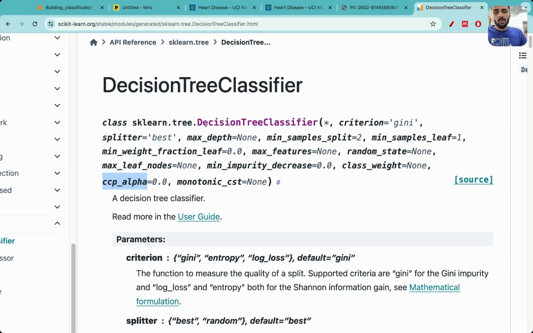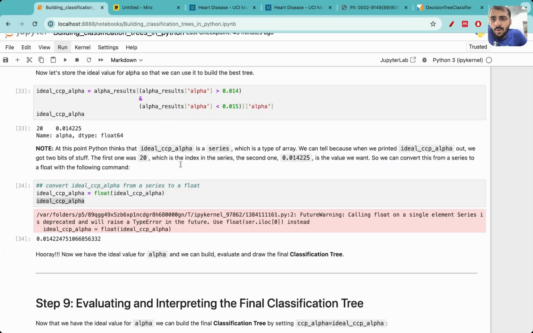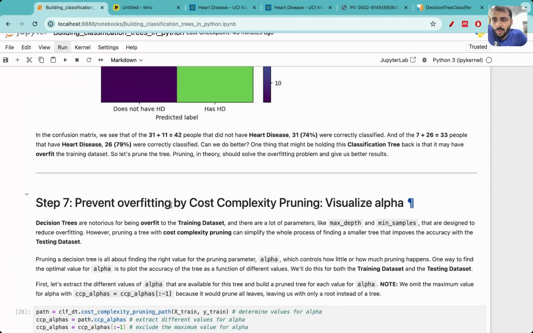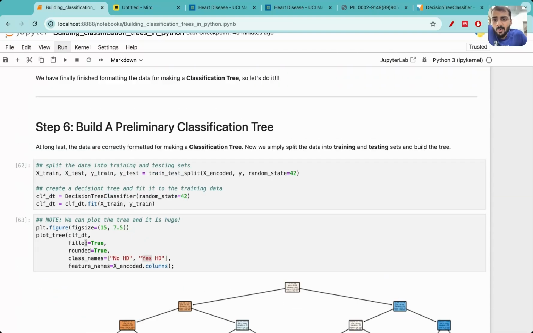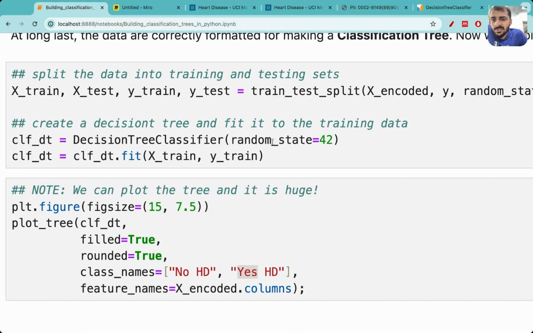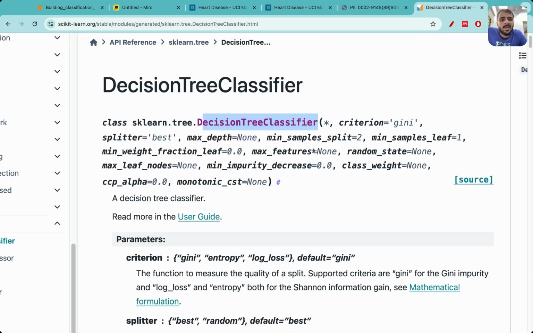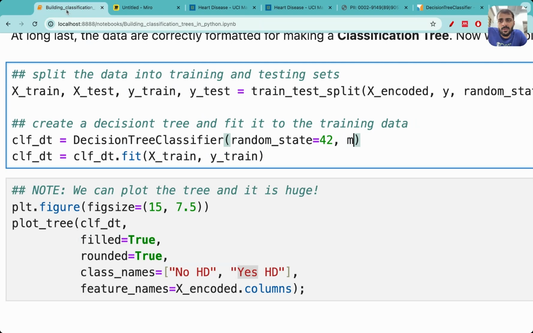Finally, you can explore the decision tree classifier in Python. Without going into cross validation or overfitting, what you can try is that when we first train the tree, you can add different things, such as max leaf nodes, for example.